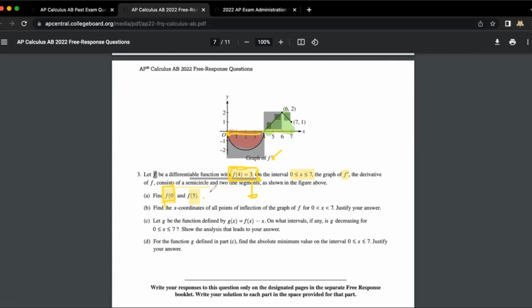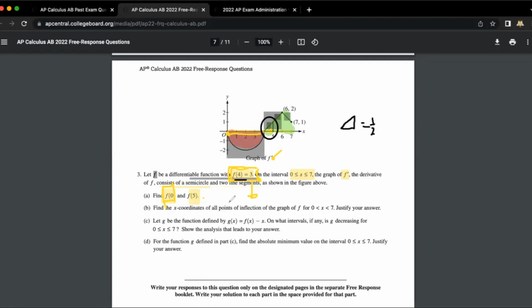If we want f of 5, we have to go forwards. The 5 is easy. If you think about this triangle that exists over here, that triangle is a 1 by 1 and then cut in half, right? So that's a half area.